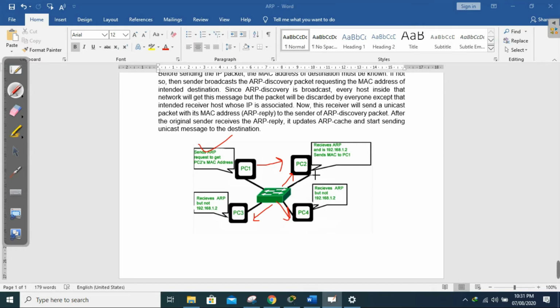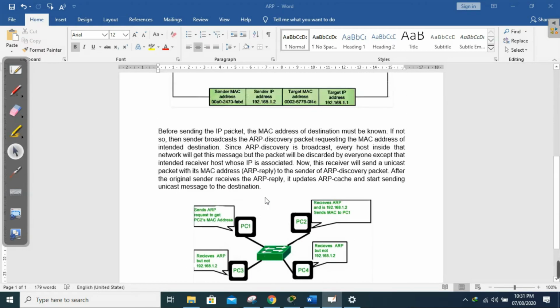That response packet will reach PC1, and that's how PC1 makes sure that it needs to connect to PC2. So that's what is happening right here.